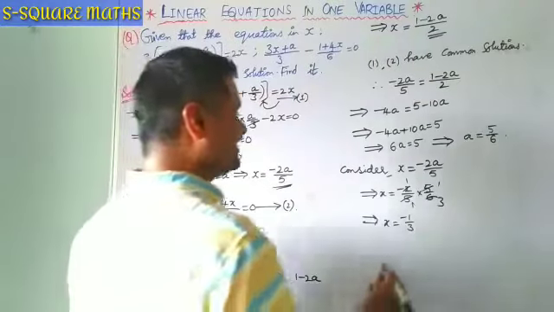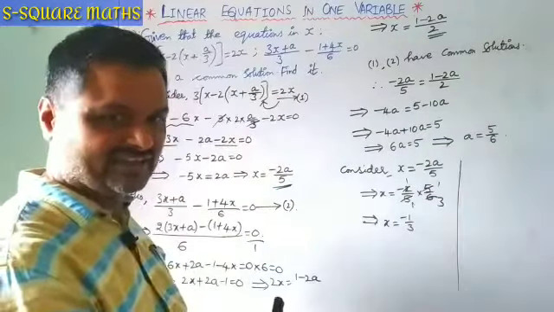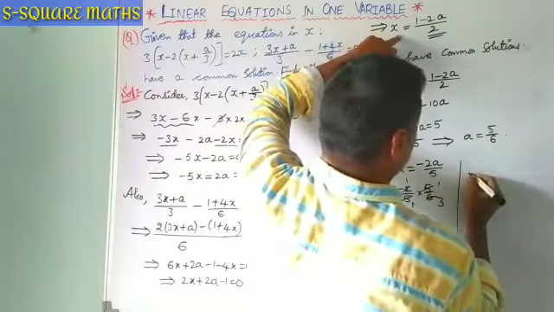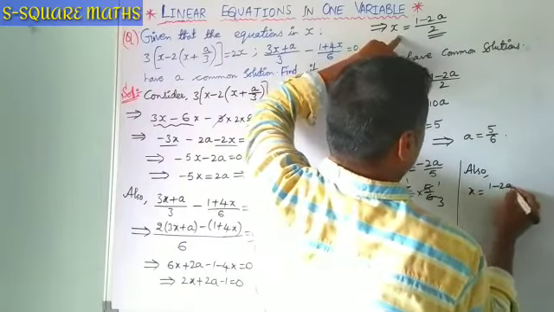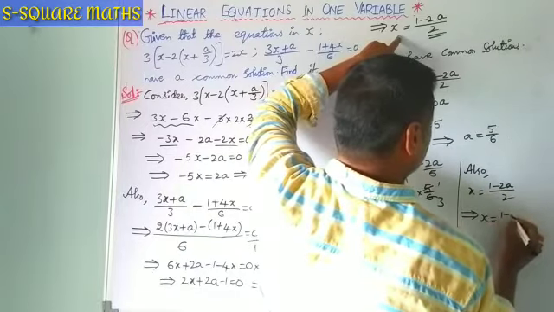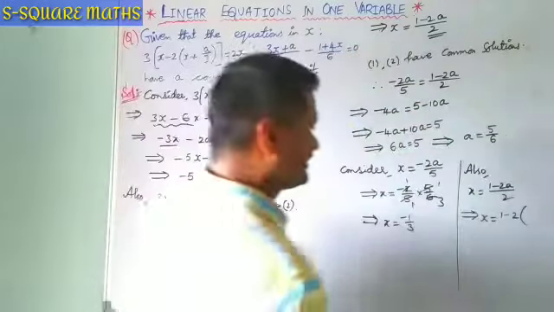In the same way, we will get one more x value by taking the other x. Also consider x is equal to 1 minus 2a by 2. So this implies x is equal to 1 minus 2 times the a value, which is 5 by 6.